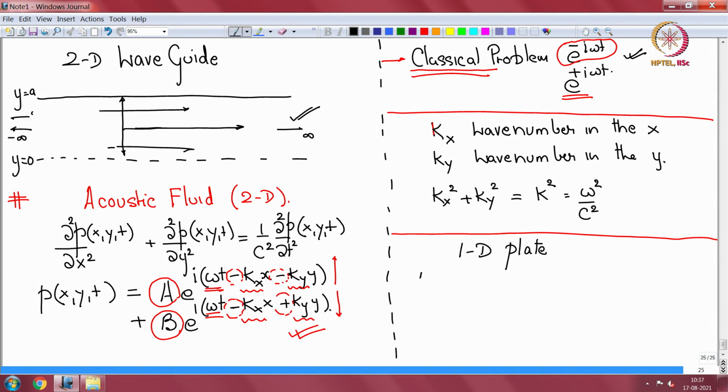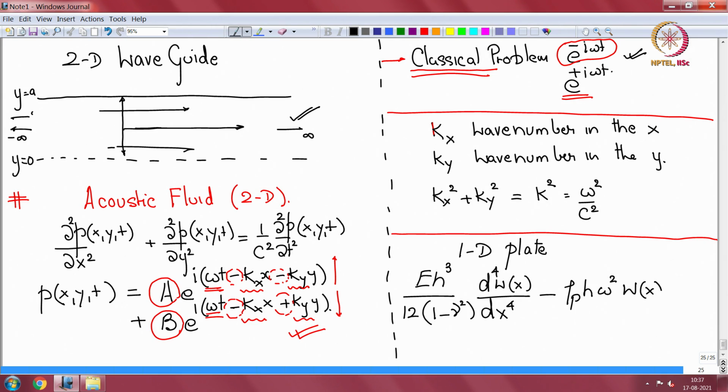It is E h cubed by 12 (1 minus nu squared) d4 w by dx4 minus rho p h omega squared w of x is equal to minus p of x comma 0.